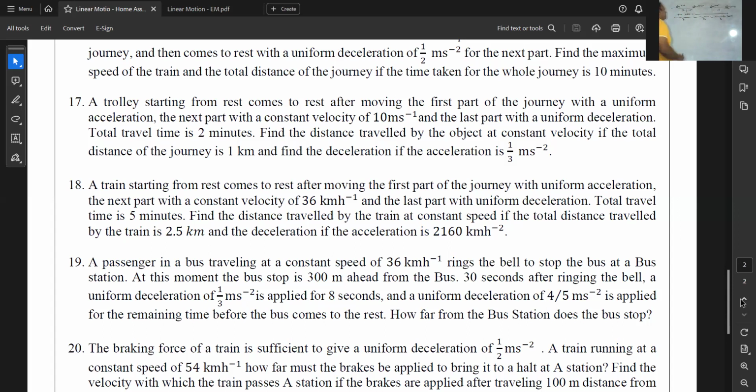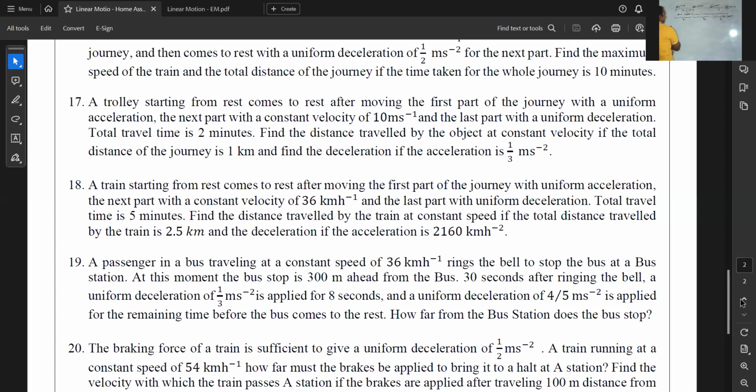The initial part A, B, C, D. Look at this one. From A to B, I can calculate the time and distance.